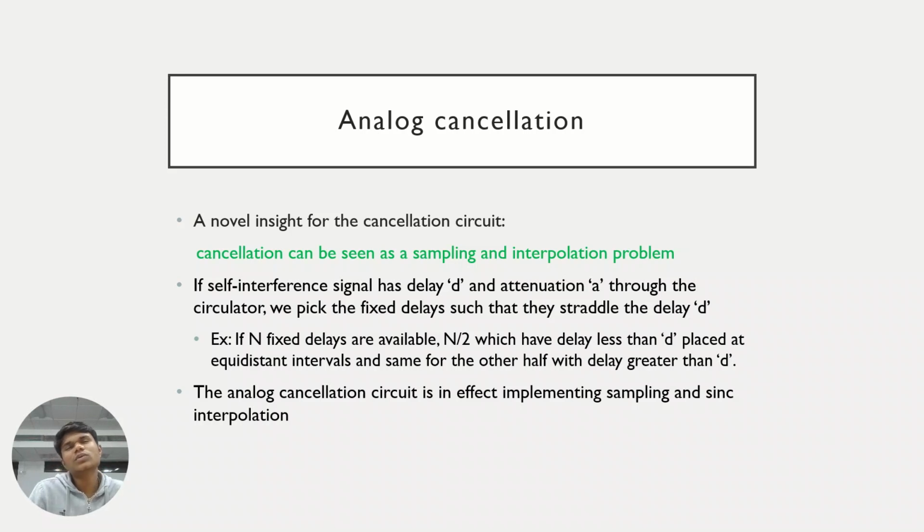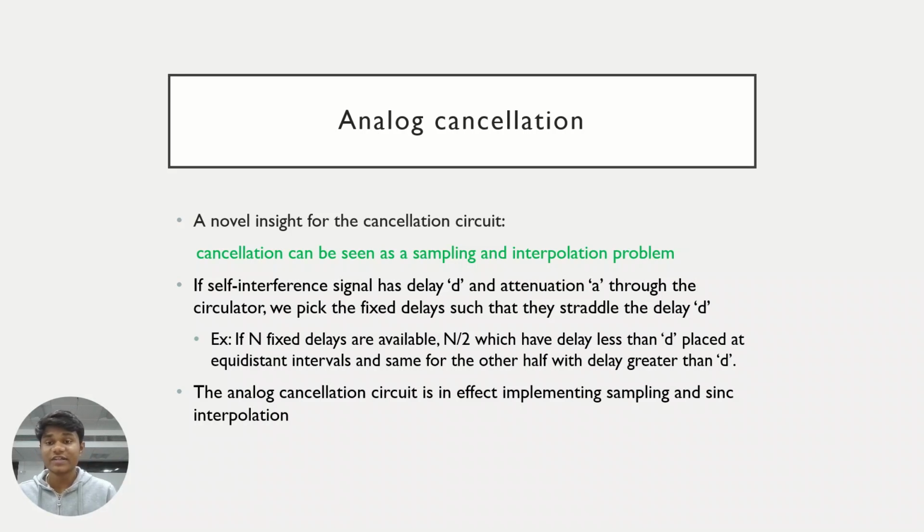This is similar to converting an analog signal to its digital form, where we first do sampling and thereafter, using those sample points, try to recreate the analog signal, usually done using sinc interpolation.